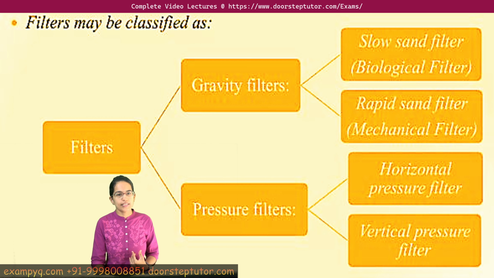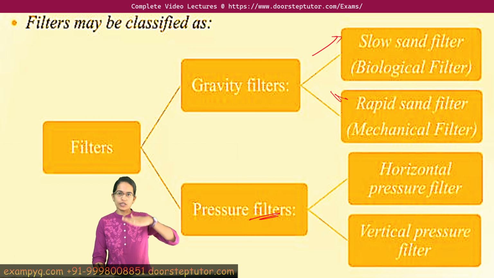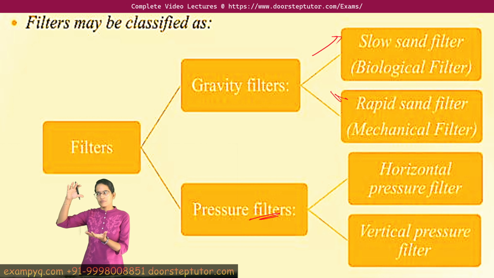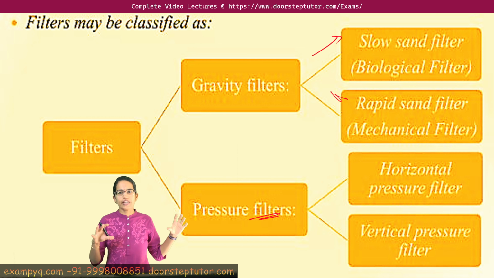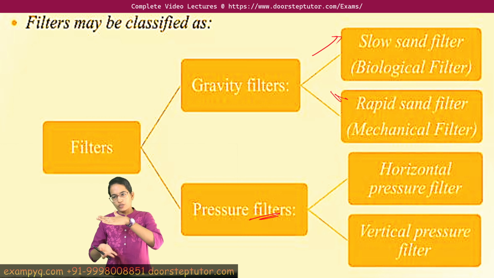This can be either a slow filter or a rapid filter, and then there are pressure filters, which could be horizontal or vertical in nature. In the gravity filter, the turbidity or the algae are removed through the graded gravels, and when the raw water passes through the finer gravels, the dirt accumulates at the bottom, and then this bottom dirt is removed separately.